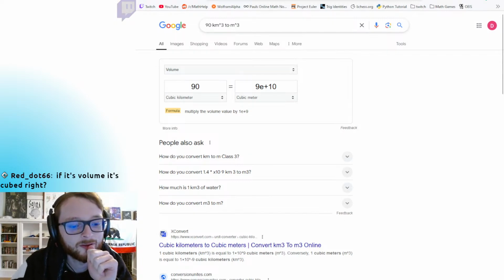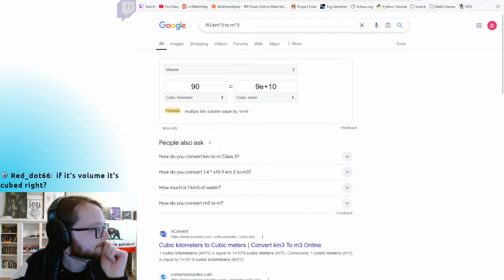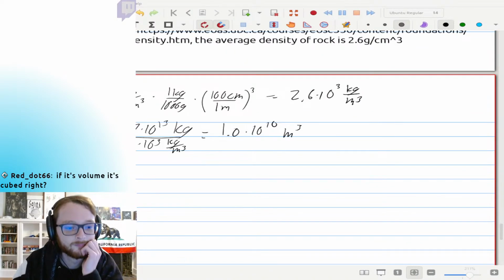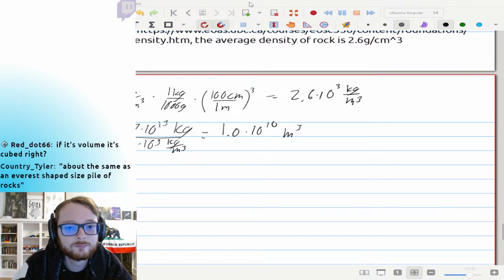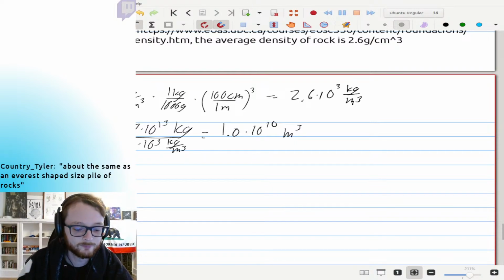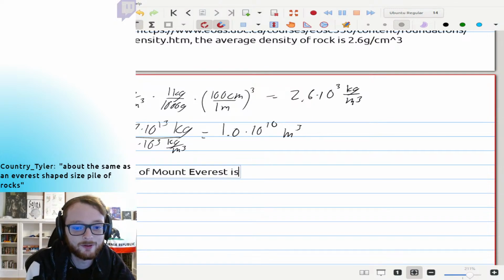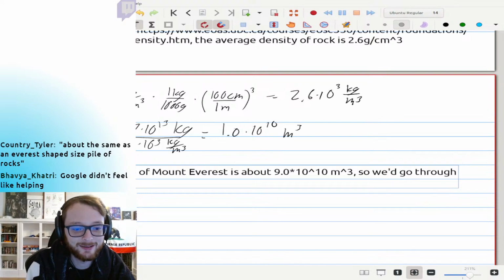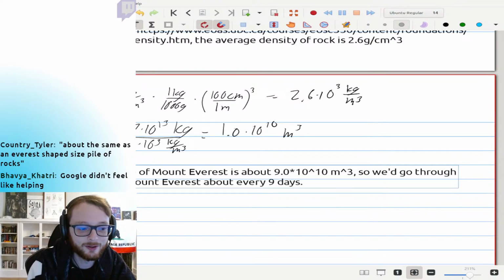So 9 times 10 to the 10. The volume of Mount Everest is about 9.0 times 10 to the 10 meters cubed. So we'd go through an entire Mount Everest about every 9 days.